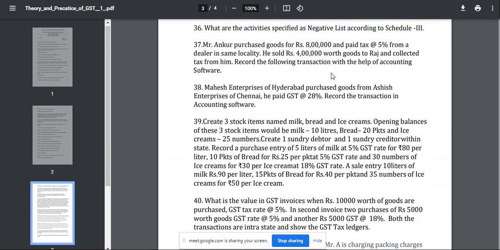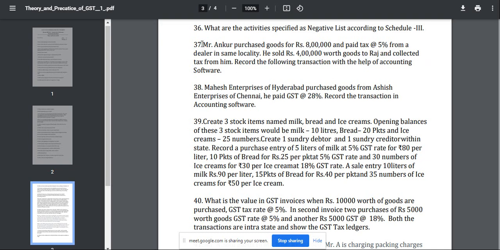In the last class we discussed intrastate purchases and intrastate sales. So those two transactions we'll have here with different tax rates. Mr. Ankur purchased goods for 8 lakhs and paid tax of 5% from a dealer in the same locality. He sold 4 lakhs worth of goods to Raj and collected the tax from him.